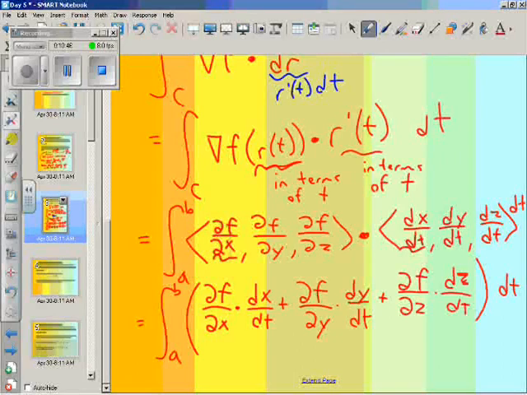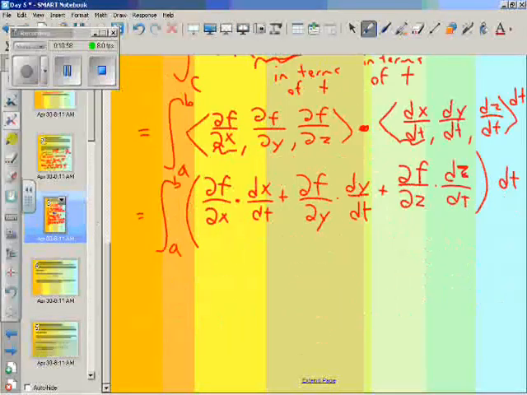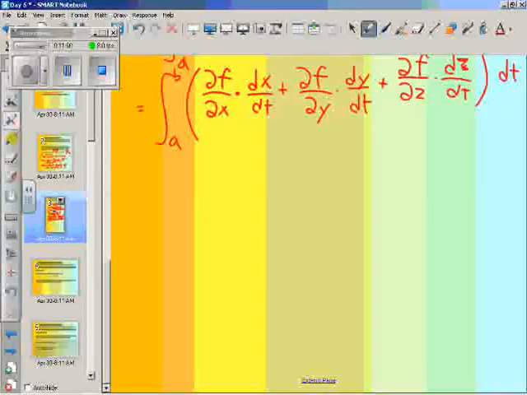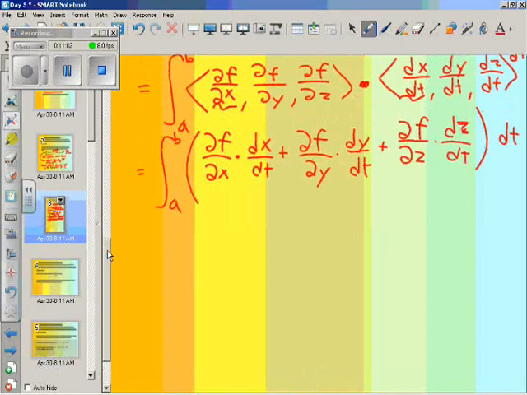So this might be a little hard to recognize, but it's actually almost a direct application of the chain rule, except we're kind of using the chain rule in reverse.